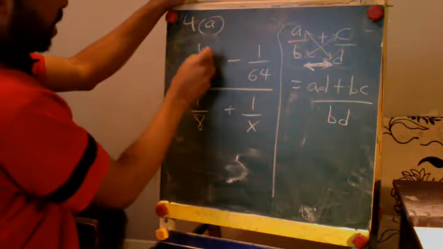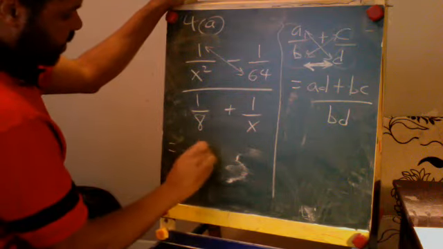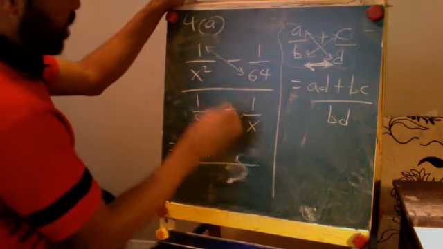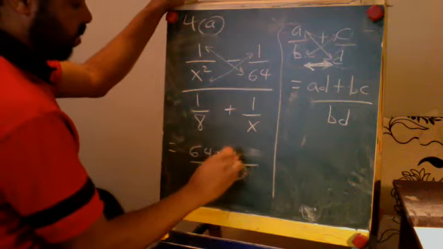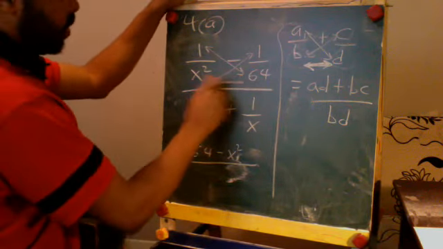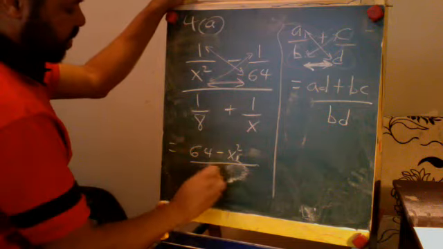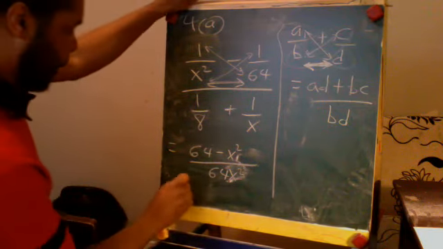So how does this come in? I do 1 times 64, I'm going to get 64. And I'm going to do 1 x squared times 1, which is going to be x squared. And x squared times 64 is going to be 64x squared. So that's my numerator.